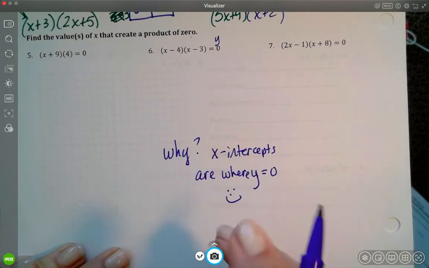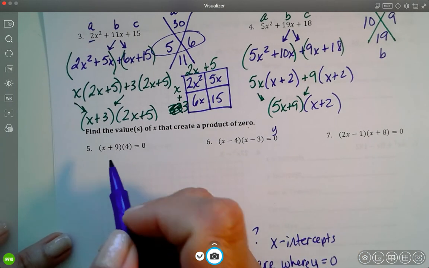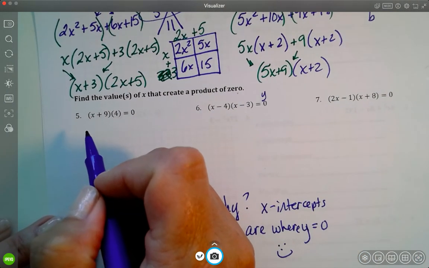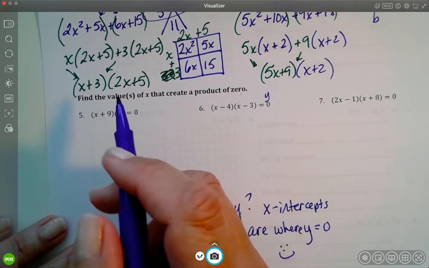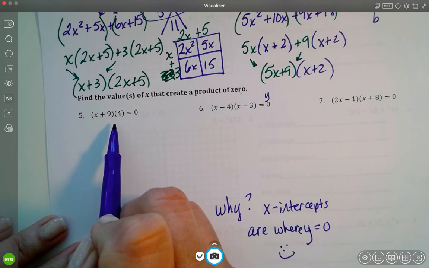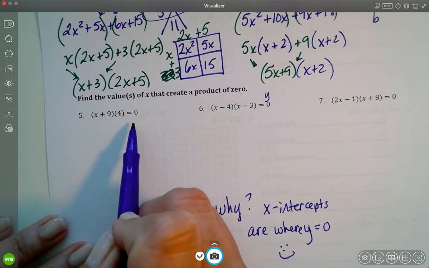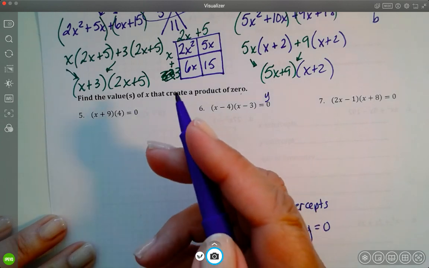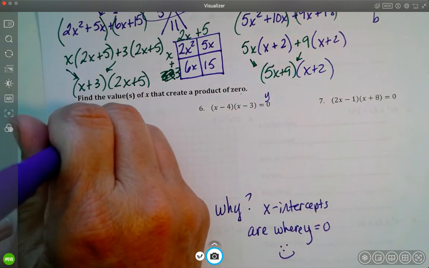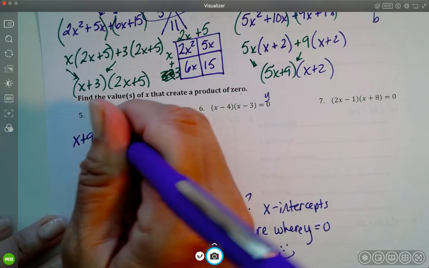All right, so we're going to use zero product property. We talked about zero product property in previous videos. Zero product property means if you're multiplying 2 things or more and the product is 0, then at least one of those things has to be 0. So in this case, either x plus 9 equals 0 or 4 equals 0.